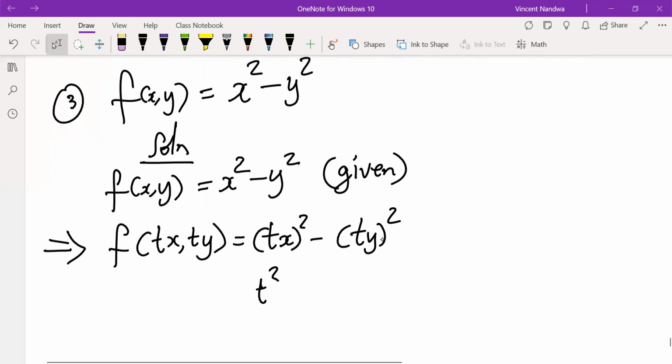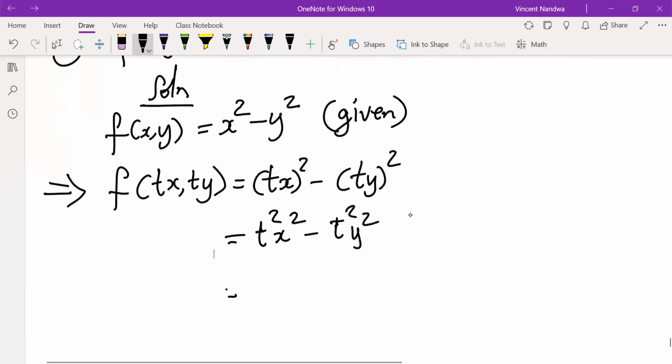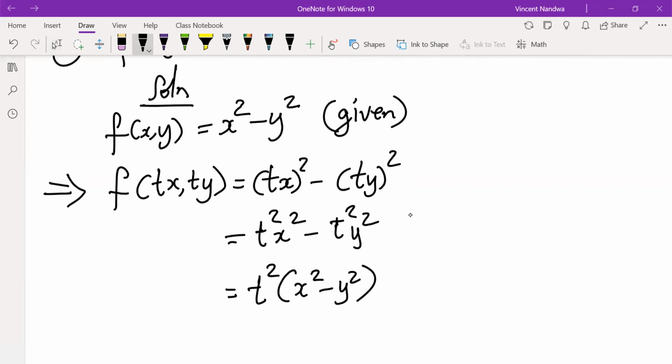Opening brackets will be t squared x squared minus t squared y squared. Factorizing we get t squared into x squared minus y squared. But this bracket is the definition of the f of xy itself. So this is t squared f of xy.